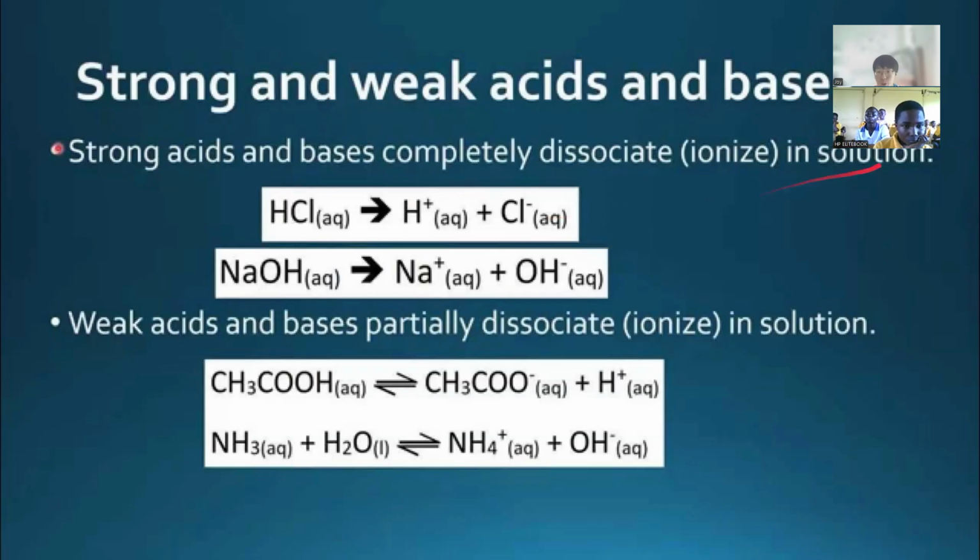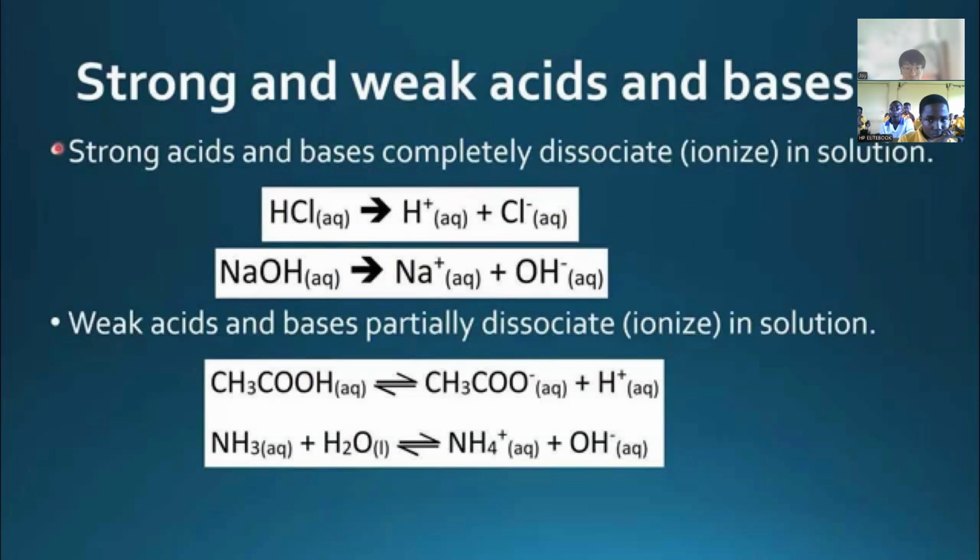Okay, so we can briefly talk about strong and weak acids and bases. So this will be only important when we're talking about neutralization reactions and pHs. But strong acids and bases, just know that they completely dissociate in solution or water.